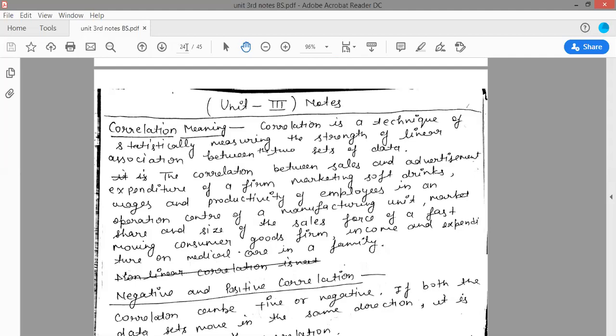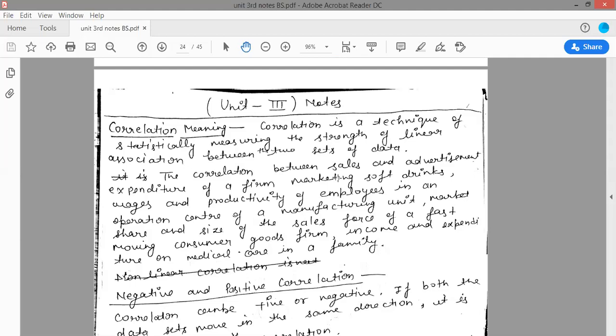The definition is: correlation is a technique of statistically measuring the strength of linear association between two sets of data. That means this line is also defining that correlation is a measure of the strength of a linear relationship between two quantitative variables. For example, height and weight.